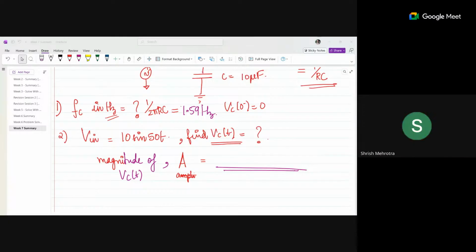Ma'am, 1.96 volt. Yes, just the amplitude, we have to calculate. 1.96 is right.